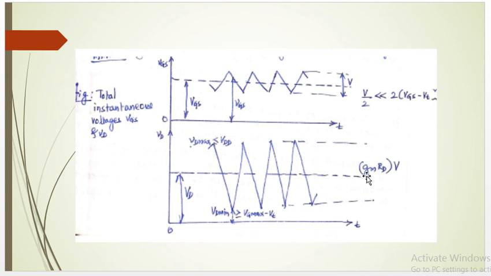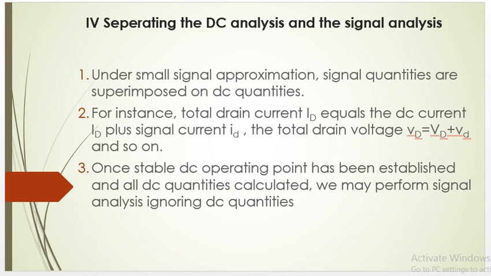So at the output you can observe the signal is amplified by the GM RD component. One more observation is the phase shift between input and output. If you observe, that phase shift is 180 degrees. Here it is going negative, here it is positive going. When this signal is negative going, that will be positive going. This we are referring to as a 180-degree phase shift between input and output.